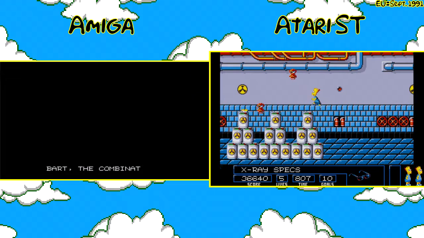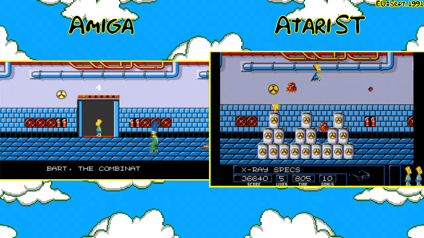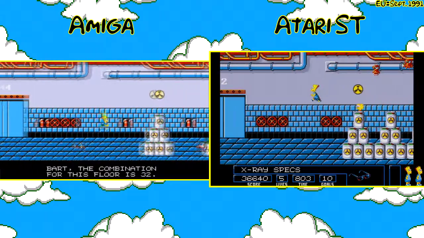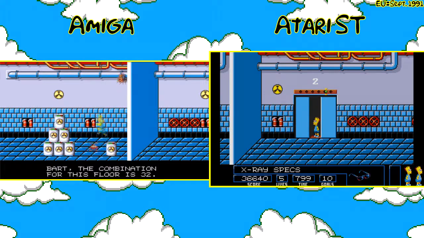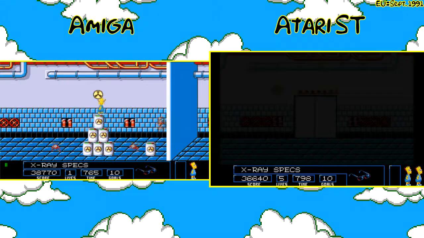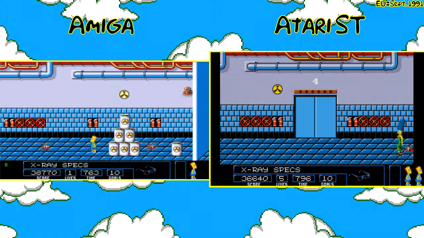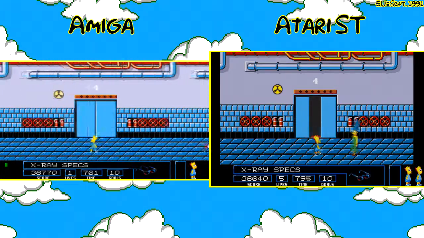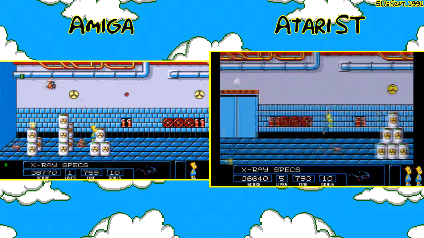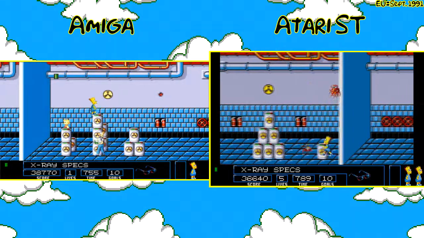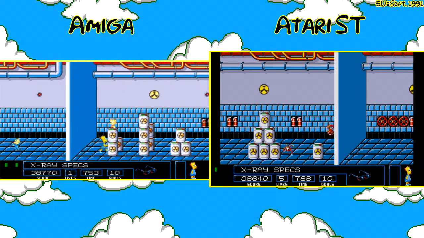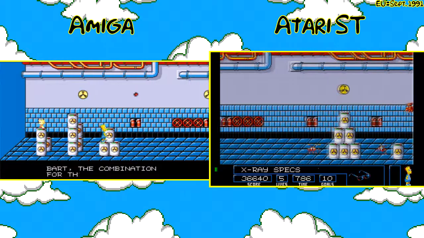So stupid little details like that actually drove me to wanting to make these videos, because it's the exact same game, and the exact same developers made all of these games. You would think that they would stay as faithful as they would for the NES or for any of the other ports, but nope.